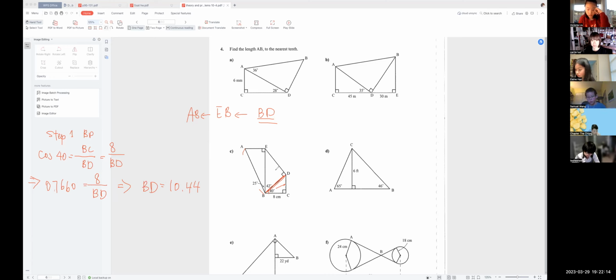So that is BD. Now everybody, using the same way, could you please calculate step 2, what is BE, and step 3, what is AB? One by one, please do it yourself, and when you finish, please send the answer through the chat.